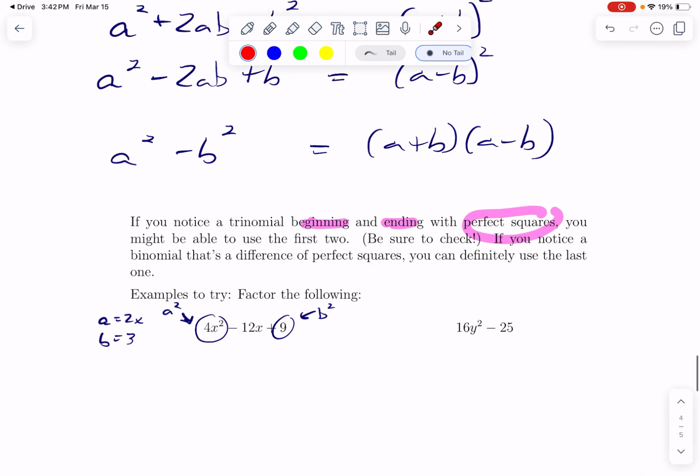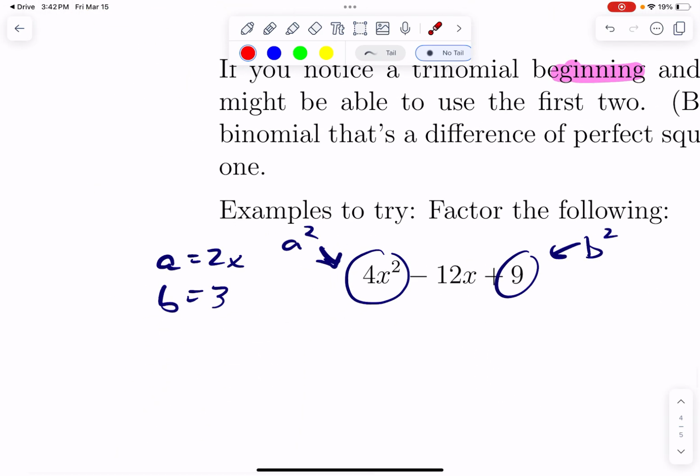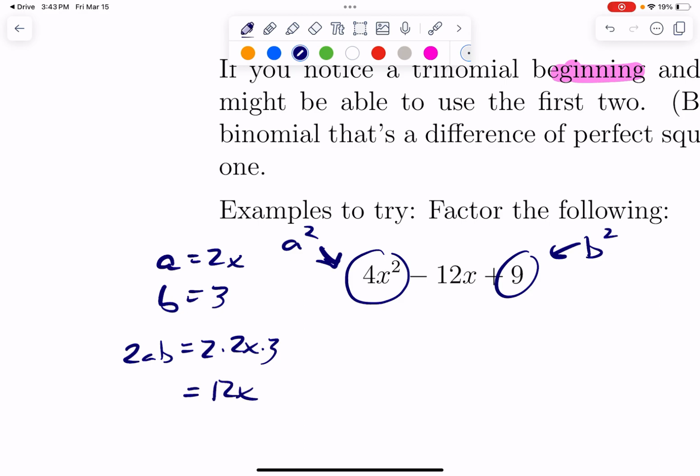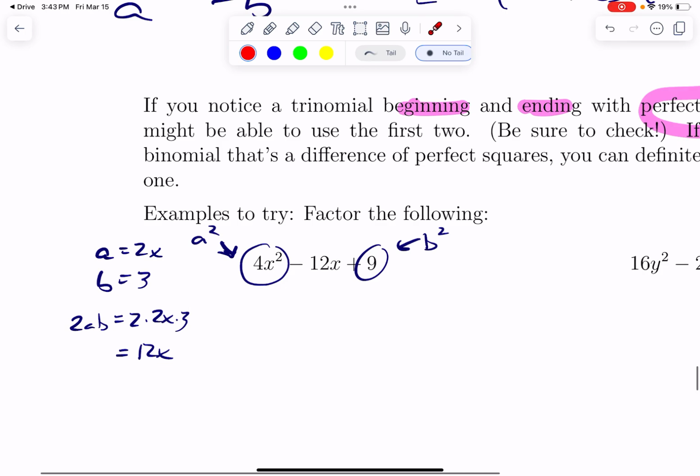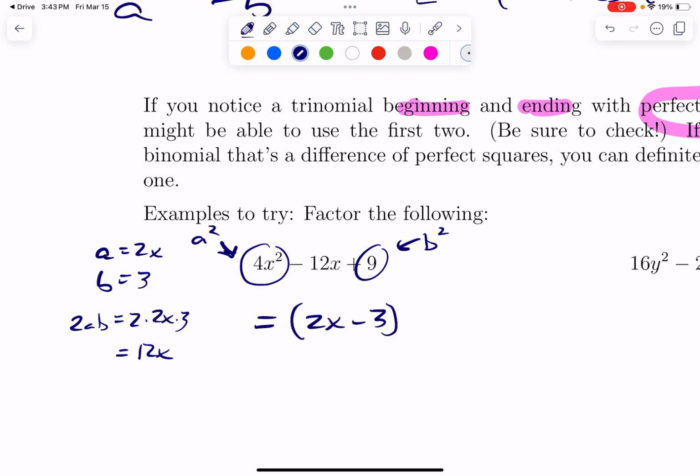Is the middle term 2ab? Well, if this is a and b, then 2ab would be 2 times 2x times 3, which is 12x, and that's what we have here, just a negative version. So this is following that pattern. If we notice this is a pattern, we just plain know that this is 2x minus 3 quantity squared. You can factor it using the other techniques. That's certainly not terrible, but you will save yourself a little bit of time if you notice that pattern.